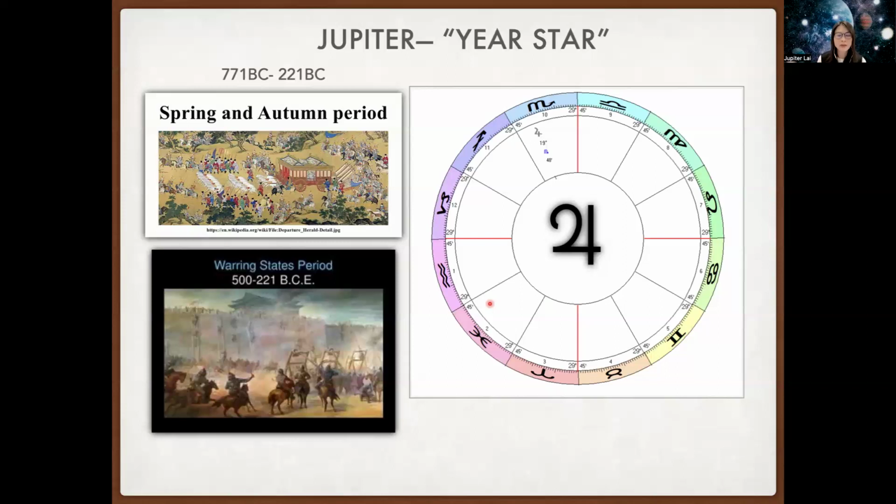They call it the year star because it is for counting the year. As you may know, Jupiter goes through the whole zodiac in 12 years. So it is like one sign per year. So that may be good for counting the year, one year, next year, and so on.